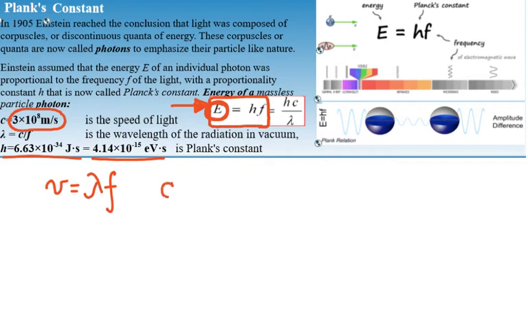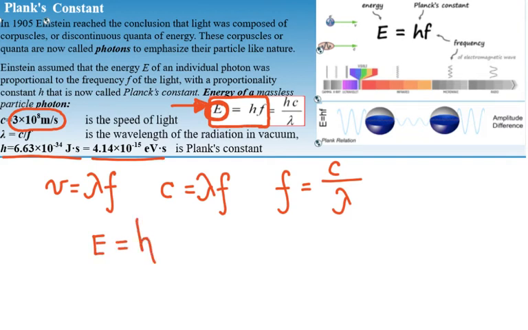So I can rewrite c, the speed of light, is equal to lambda times the frequency. So I could replace the frequency of the photon as c, the speed of light, divided by the wavelength of that photon. Then the formula of the energy of the photon, instead of Planck's constant times the frequency, becomes Planck's constant times c over lambda.